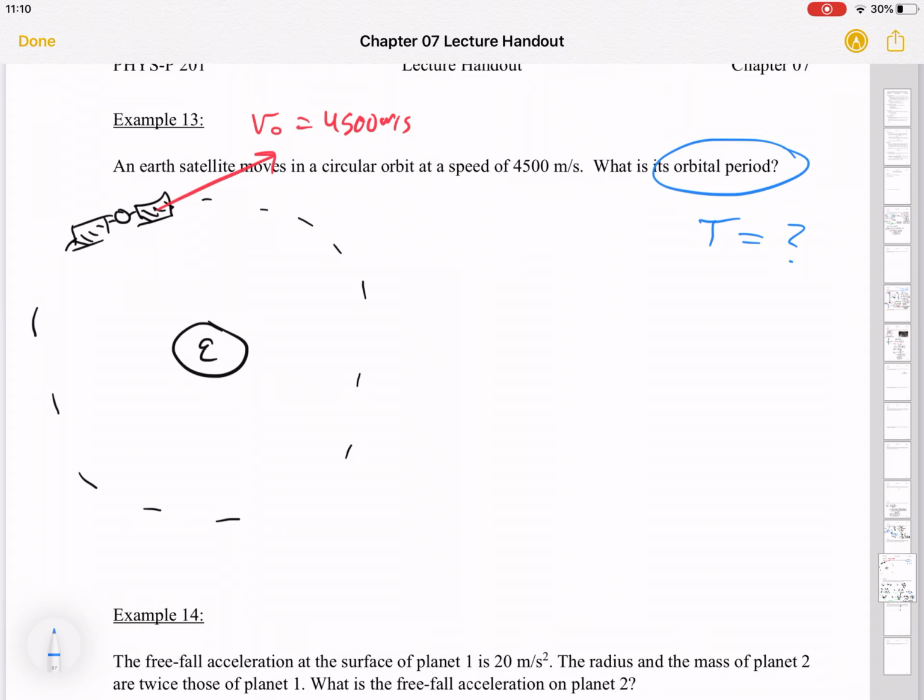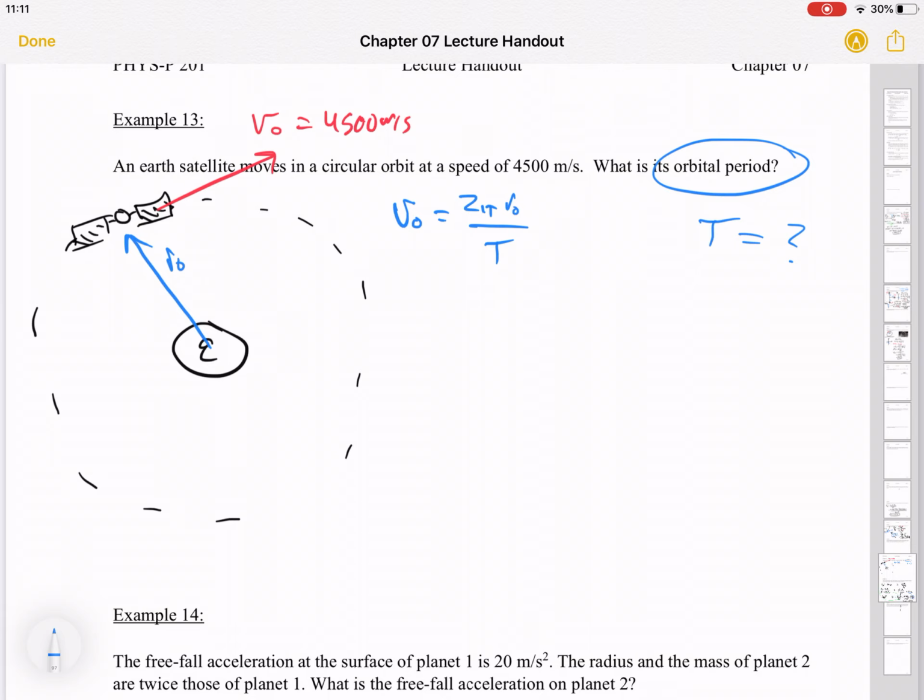Okay. So let's talk about this. I have an equation, right, that v naught equals 2 pi r over T. I'm solving for T, so T equals 2 pi r over v naught. But I don't know r, right? I know the radius of the Earth, but I don't know the orbital radius.